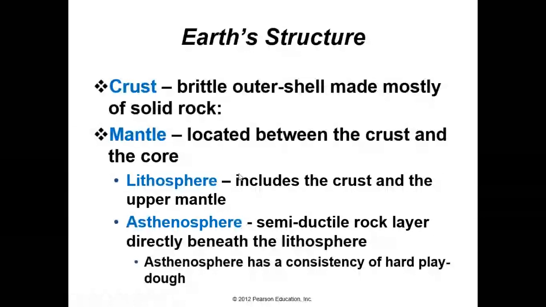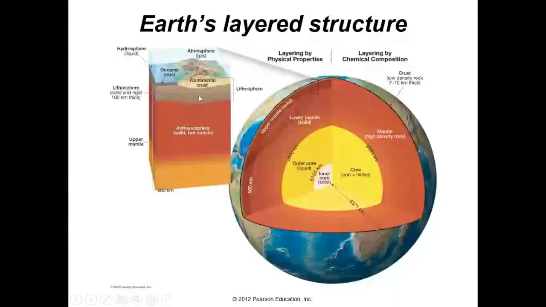Okay, then there's also a couple of vagaries. Let me talk about those real quick too. So the lithosphere includes both the crust and a little bit of rocky material right below the crust.